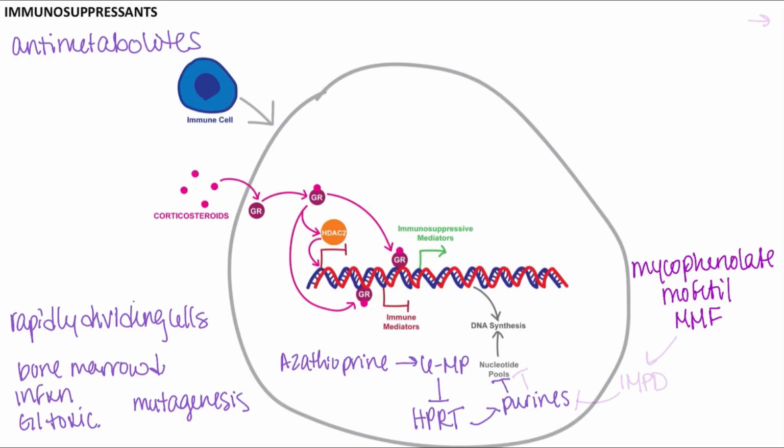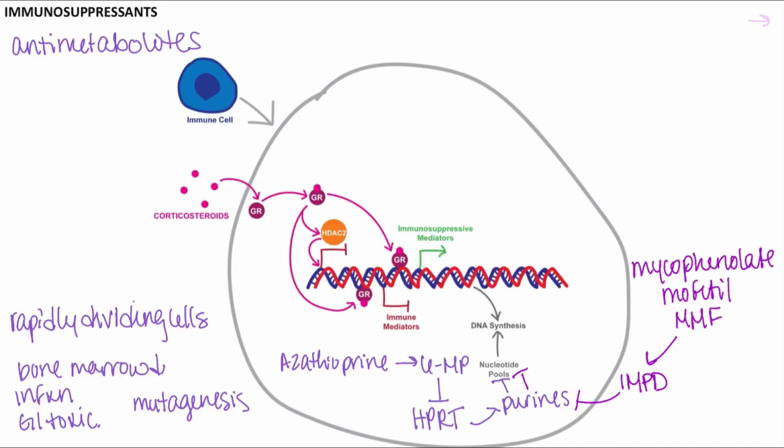And this is a potent and selective inhibitor of inosine monophosphate dehydrogenase, which, again, thinking back to the purine synthesis pathway from Block 3, this inhibition will lead to an inhibition of de novo guanosine nucleotide synthesis. So this will deplete those purine nucleotide pools, again inhibiting that immune cell proliferation, leading to immunosuppression.